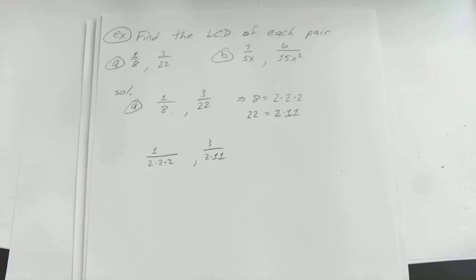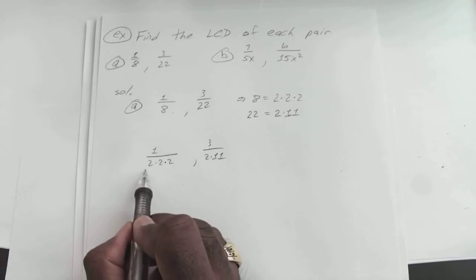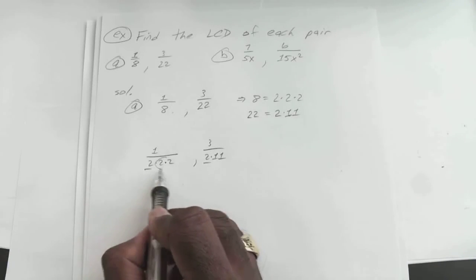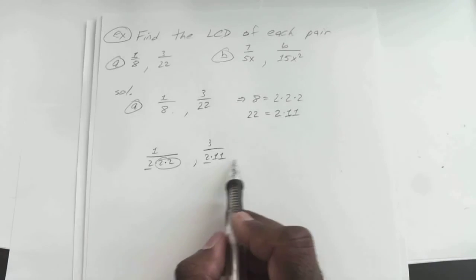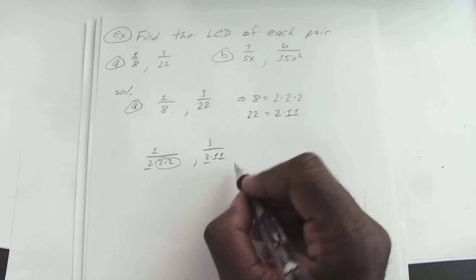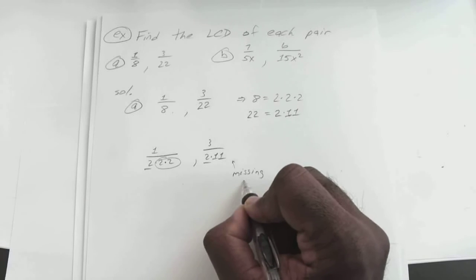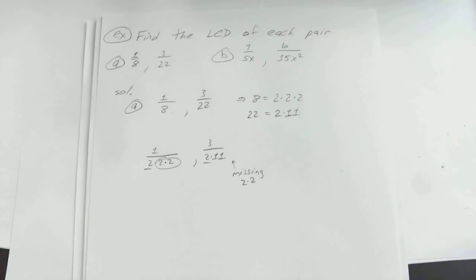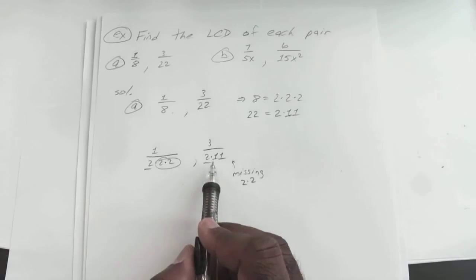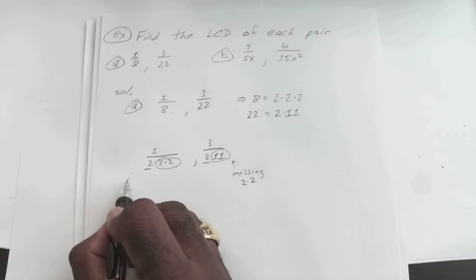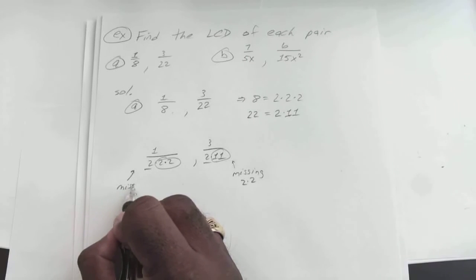Okay, so now we just go ahead and match both of them up. We have a 2 here, we have a 2 here. We have 2 2's over here, but we don't have additional 2's over here. So we know on this side, you're missing the 2 times 2. Okay. Now we have an 11 over here, but we don't have an 11 over here. So on this side, we're missing an 11.